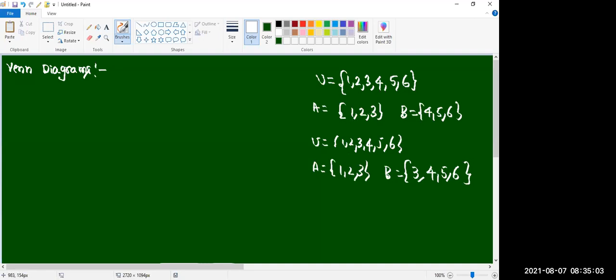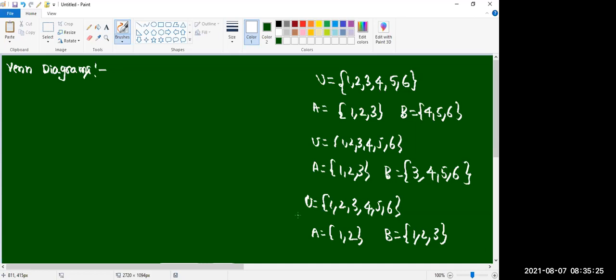What is the first case? No common element is there. In this one a common element is there. I am writing another: U equal to 1, 2, 3, 4, 5, 6, A equal to 1, 2, and B equal to 1, 2, 3.